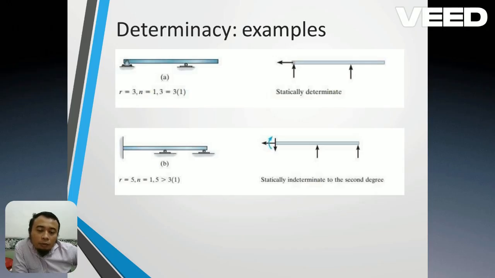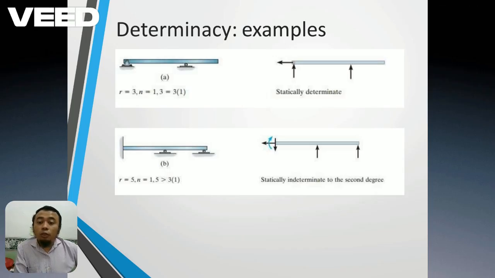Another example, figure B: R is equal to 5 because you have three supports there. You have fixed, roller, and roller. At each roller you have one reaction, so there you have two. At a fixed support you have a moment, a reaction force on the y-axis, and a reaction force on the x-axis. So in total you have R equal to 5, but you have only one member.